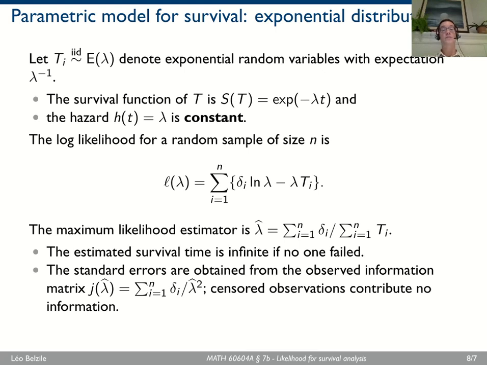It turns out that the hazard is lambda and it's constant. So the risk of dying at any point in time is the same regardless of the age. This is sort of memoryless. So time to event could be modeled with an exponential variable, like the time before you catch the next bus.